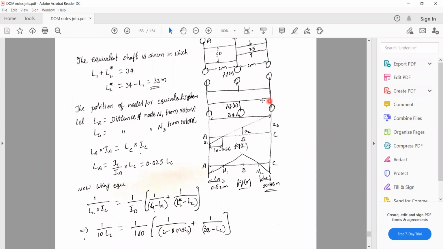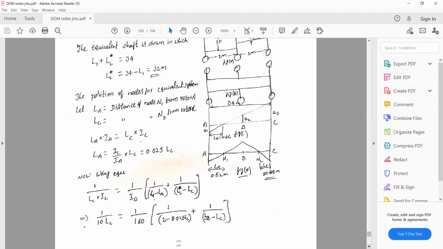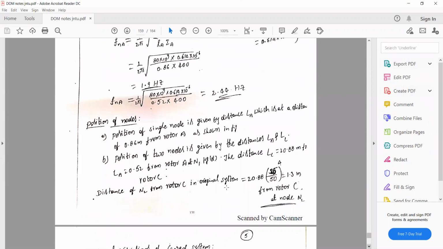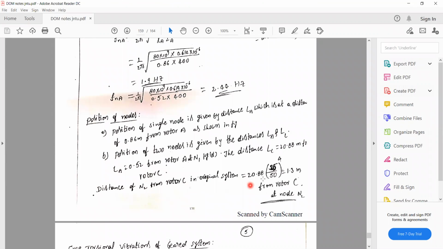When we have attained these values for the 34 meter length of the shaft, with the help of those values we have to find out the positions in the original shaft. With the help of this simple formula, 20.88 into D2 by D1 whole power 4, we simply get 1.3 meter from rotor C.